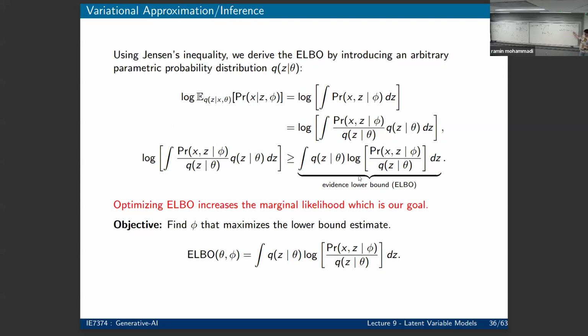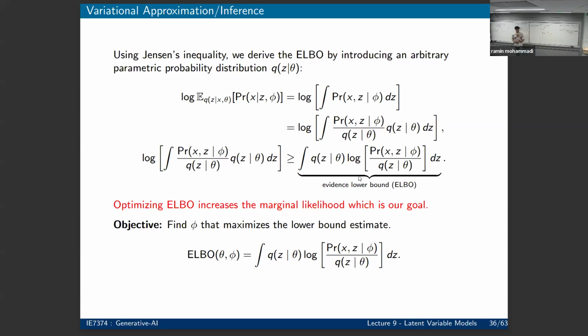You try to maximize this, maximizing the likelihood of your data. Then we said, let's introduce a Q, as importance sampling, by multiplying and dividing by Q.